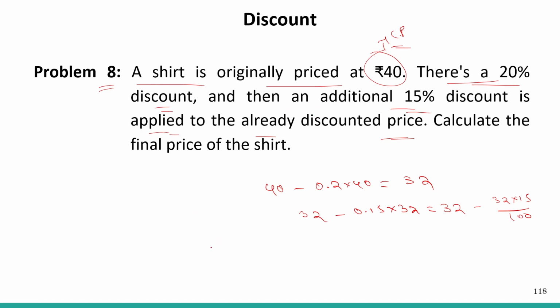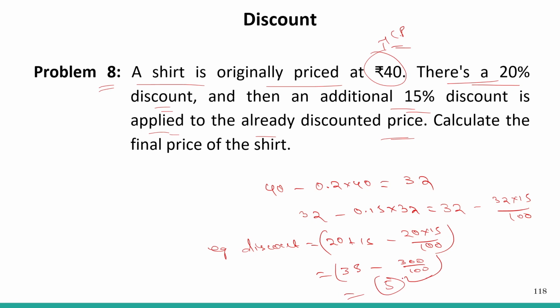By successive discount method, the equivalent discount will be 20 plus 15 minus 20 into 15 by 100. So this is equal to 35 minus, so this will be 300 by 100. So this is 3, so it will be 5.